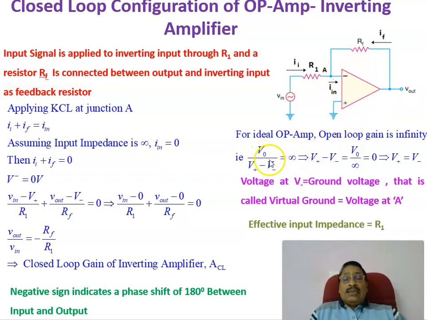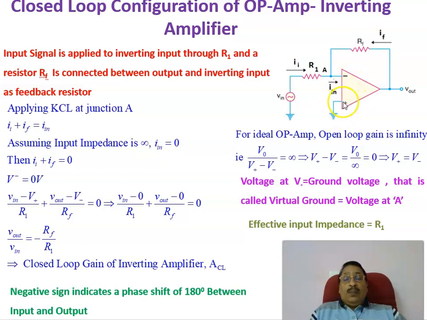Or V plus minus V minus equal to V0 divided by infinity, that is equal to 0. Meaning that V plus equal to V minus, that is the voltage at V minus is same as whatever the voltage at the non-inverting terminal.